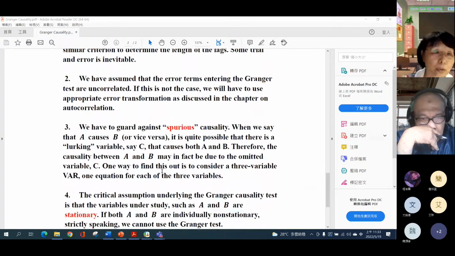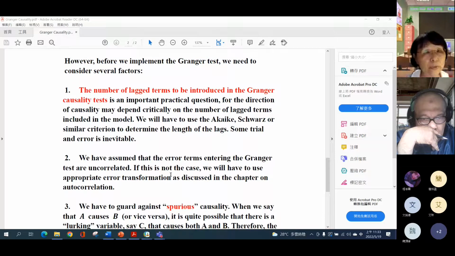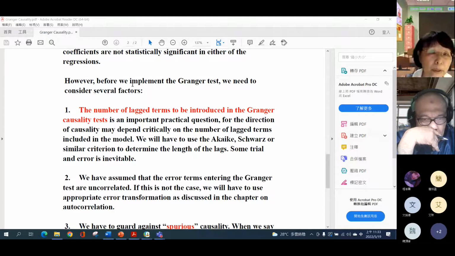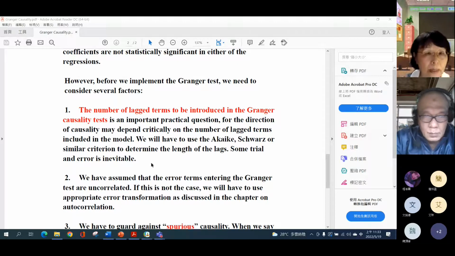I also put these 5 points here, and I'd like to remind you of them again now. All right. When we implement the Granger's test, we need to consider several factors. The first one is that the number of lagged terms to be introduced in the Granger causality test is an important practical question.